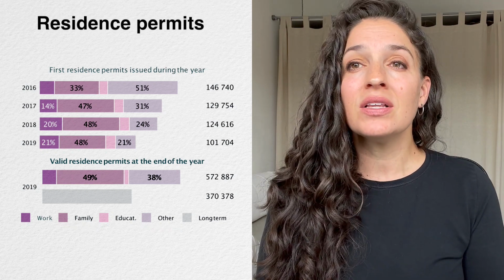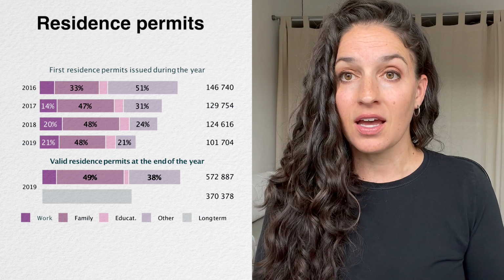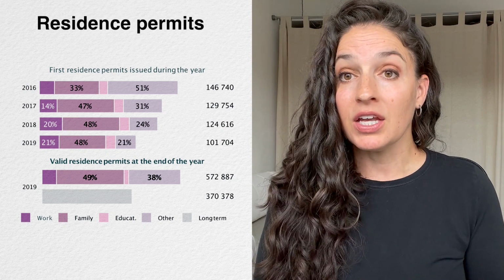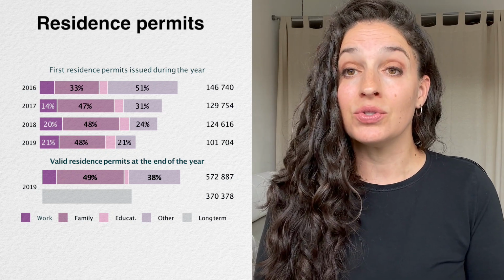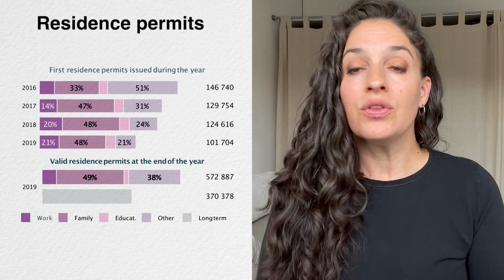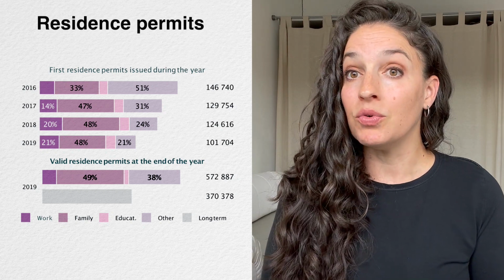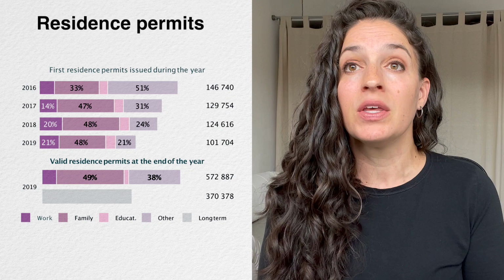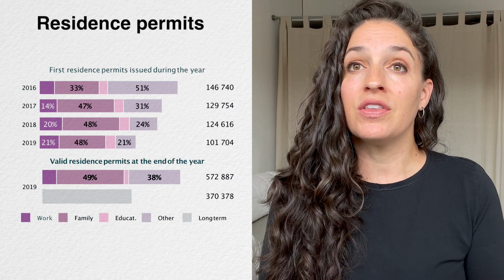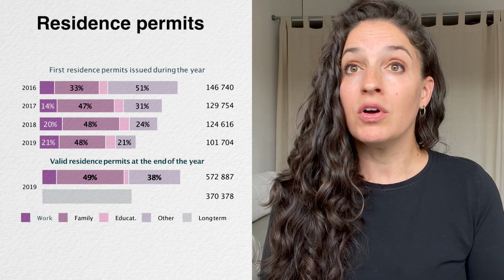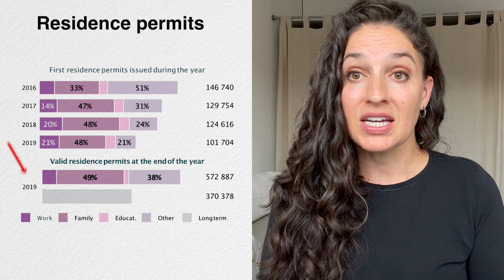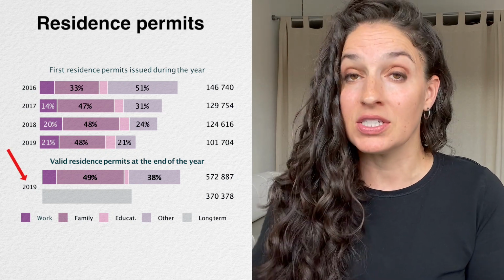And here we can really think of other reasons as asylum applications and those who are under refugee status, those maybe who have also come through resettlement to Sweden. You can also see here that a large number of residence permits in 2019 were long-term residence permits.